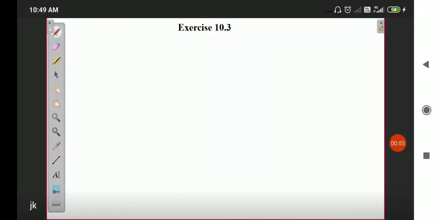Before continuing with today's lecture, exercise 10.3, questions number 11, 12, 13, 14, and 15, I want to reintroduce you to something that we learned in 7th class.